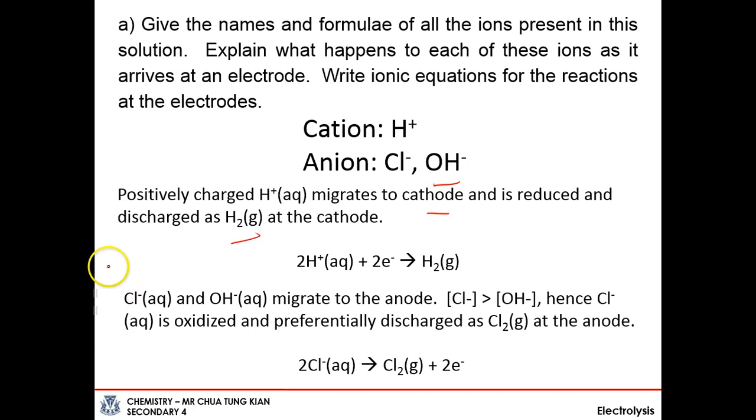Both Cl minus and OH minus migrate to the anode. Okay, both migrate. But because this is concentrated HCl, it means that the concentration of Cl minus is much higher than OH minus. So as a result, Cl minus is preferentially discharged as Cl2 at the anode. So we have H2 gas and we have Cl2 gas.